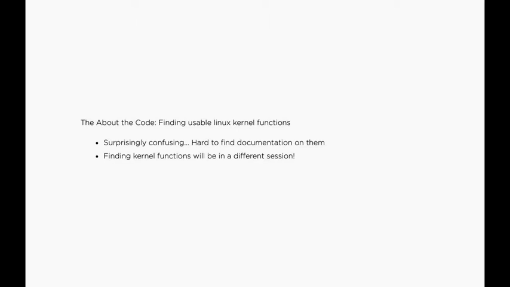All of that will come later, but finding exact documentation on all of the interfaces that you can use is very hard. But there are a lot of examples of the useful ones online. If you look at LKM examples, you can find a lot of good material there.